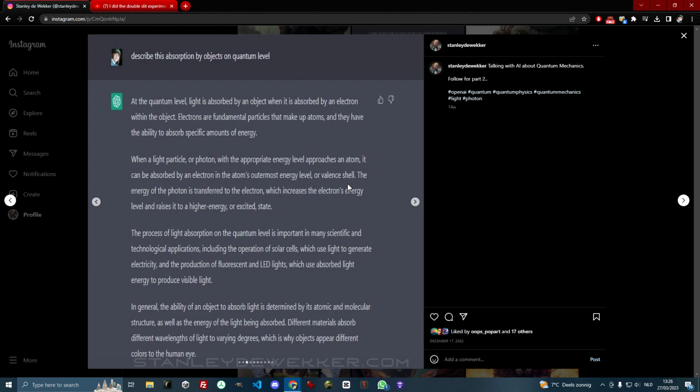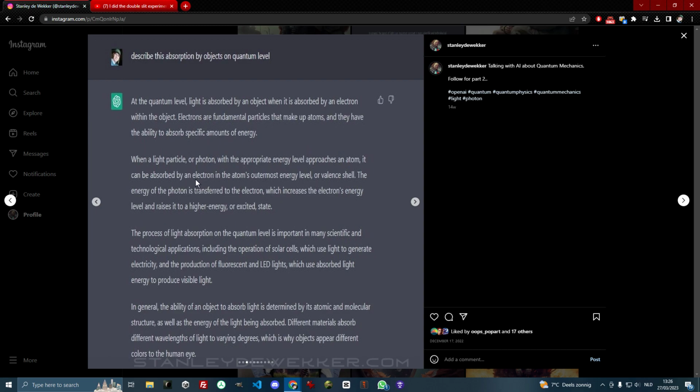And these are different. Some are closer, some are further away, but they're also all at the same kind of distance. So it jumps from one distance to the next distance to the next distance. And it says that it can be absorbed by an electron.